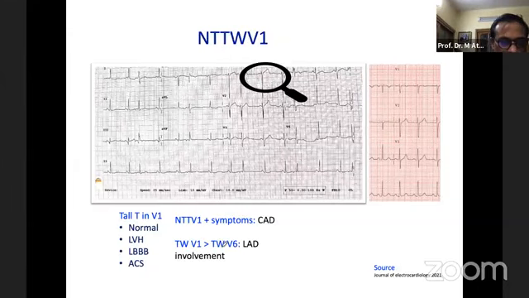This is also seen in coronary disease, particularly LAD disease. But these all should be in the presence of the symptoms of acute coronary syndrome. Otherwise, this type of T wave may be normal, LVH, or bundle branch block. But when it is present with the symptoms, then it is very important.